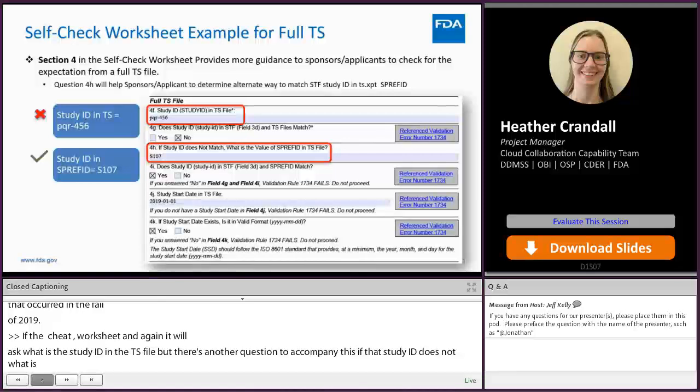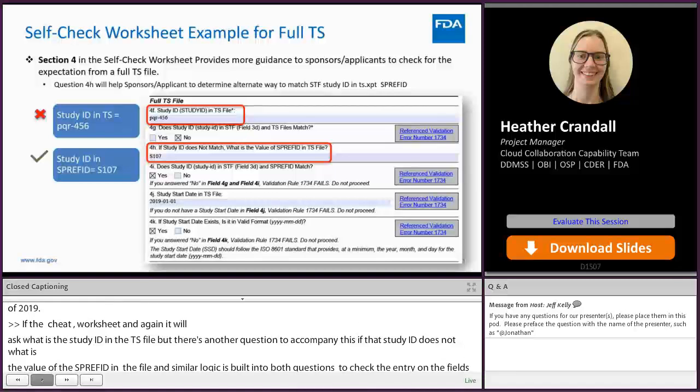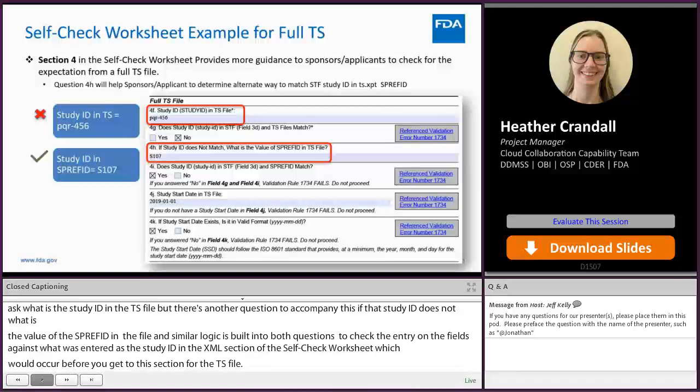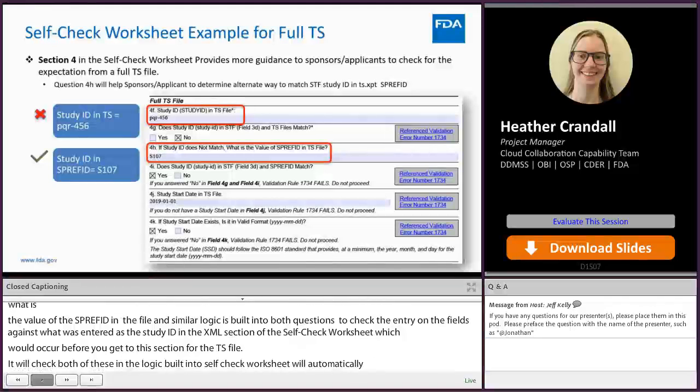And so it will check both of these against there, and the logic built into the self-check worksheet will automatically indicate if one of these, and which one, does match with the STF study ID, and that would populate in question 4G or 4I. It will also ask what is the study start date in the TS file, and is that start date in the valid format of year, month, and day.